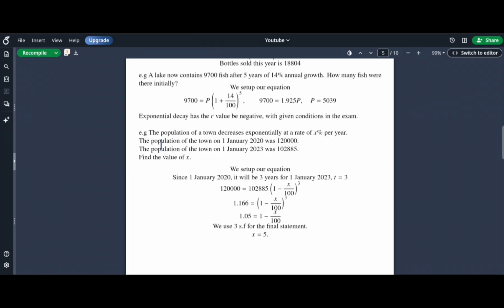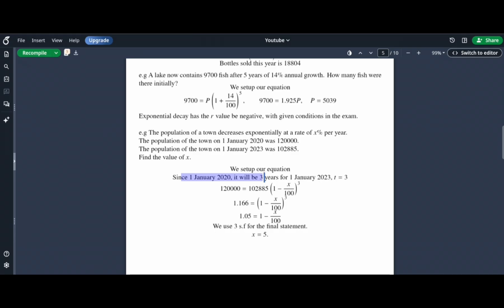Example: the population of a town decreases exponentially at a rate of x% per year. In 2020 it was this much, and in 2023 it's this much. It decreases, so exponential decay. Same, r value will be negative because it goes down. Find the value of r. So you set up our equation.